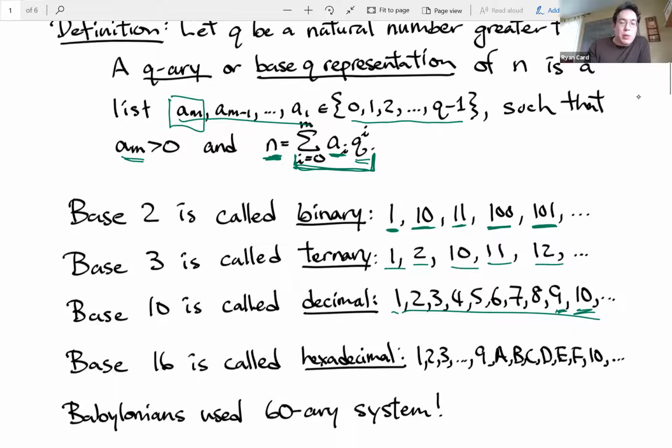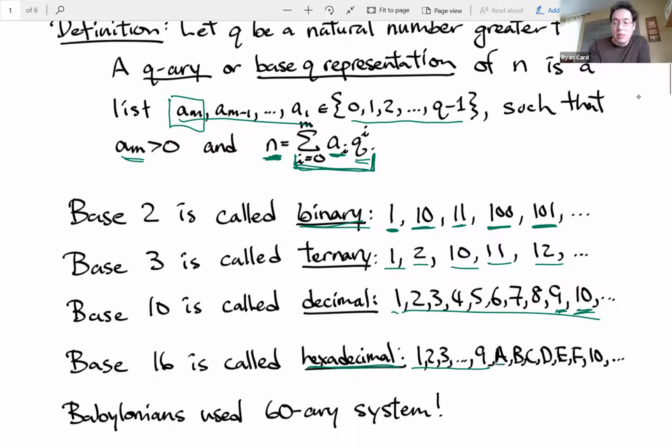So if you're a computer scientist, maybe you're familiar with binary. You might also be familiar with hexadecimal as well. Hexadecimal is base 16. So we usually have our 10 digits, 0 through 9. But for hexadecimal, you need a digit that goes all the way up until 15.